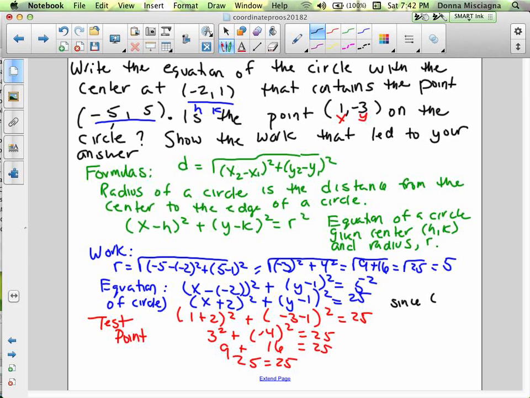Since 1, -3 satisfies the equation, in other words, we got a true statement, 1, -3 is a point on the circle x plus 2 squared plus y minus 1 squared equals 25.